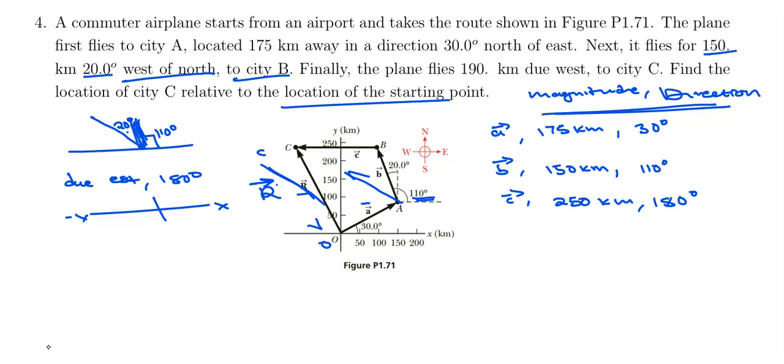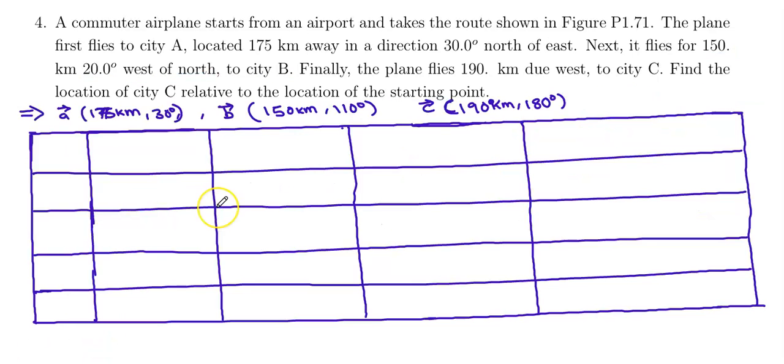We write all of this in the table and do some calculations. So this is how you write the table. This row is for the vectors: vector A, vector B, vector C, and the resultant vector which we are actually looking for.